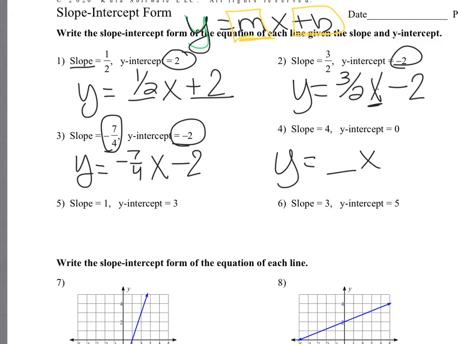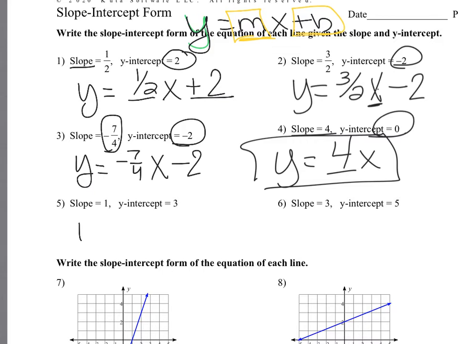All right, so really all you're doing is filling in the blanks. So on this one, slope is 4, so you put it in front of the x, and then behind the x, you're going to put the y-intercept, which is 0, so we don't have to write anything. So this will be our equation. If your intercept is 0, then it's understood it's 0. You don't have to write anything.